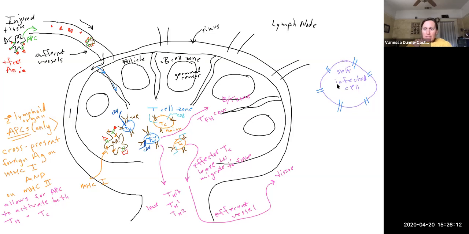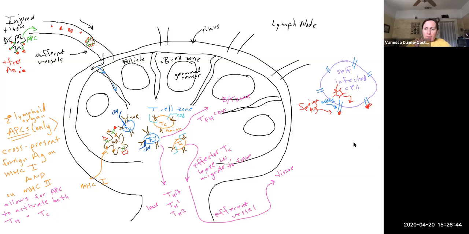But if this cell is infected, let's say with a viral infection, then each of these little virus parts are going to be presented on the surface of these infected self cells, right? So this would then be foreign antigen being presented on the surface of self MHC class 1.